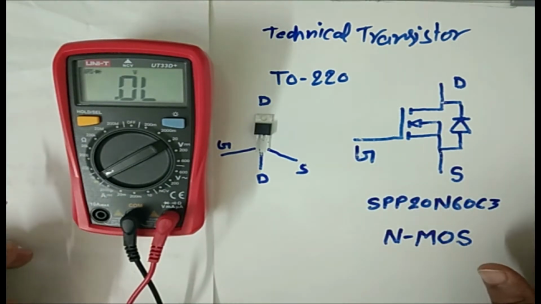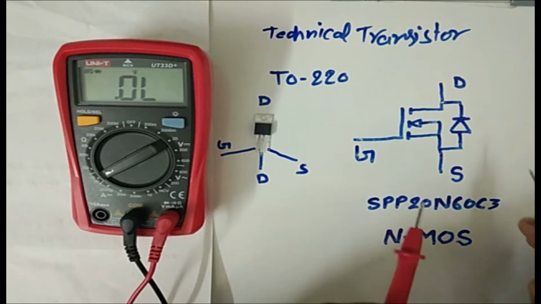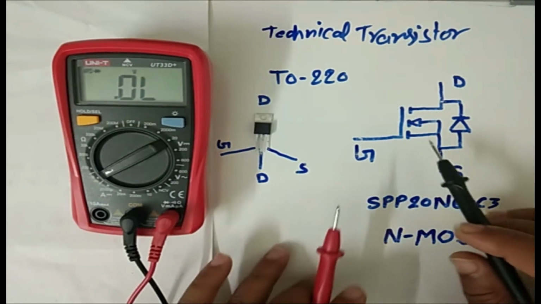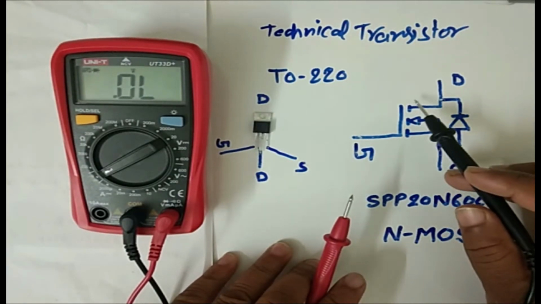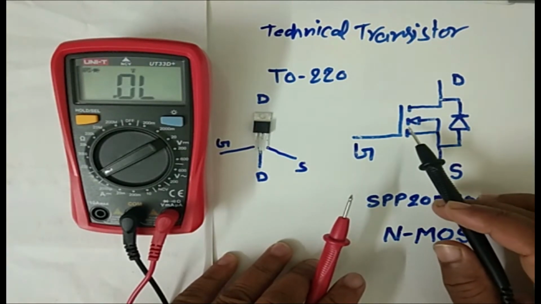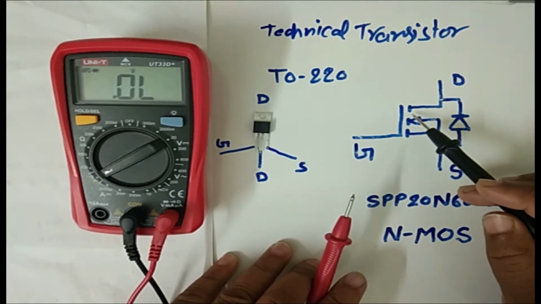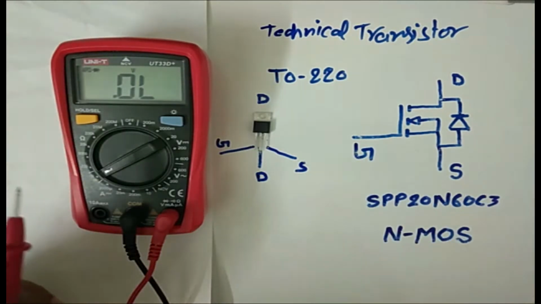So you can say that the diode in the MOSFET is in good, working condition. Now you can see here, this is the gate, and you can see by the symbol that the gate is completely separate from this part. So it is also the same in the MOSFET.